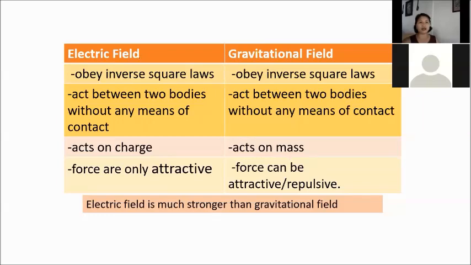In the electric field, the force can be attractive or repulsive. In the gravitational field, the force is only attractive. And the electric field is much stronger than the gravitational field.